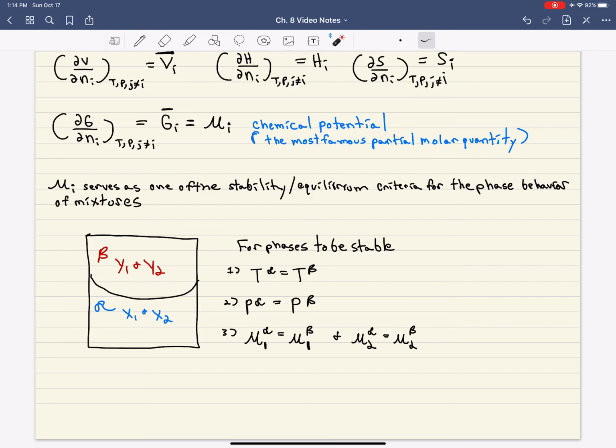And I want to emphasize that this is true and this is true, but saying that the chemical potential of species 1 is equal to the chemical potential of species 2, that's not true. That's not a generally true thing. All right, so we'll talk more about that later.